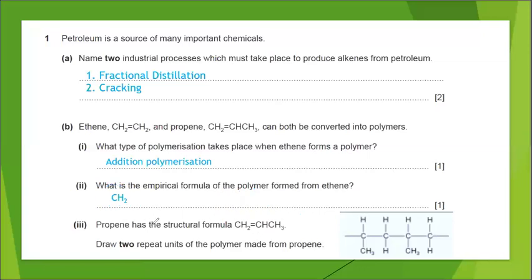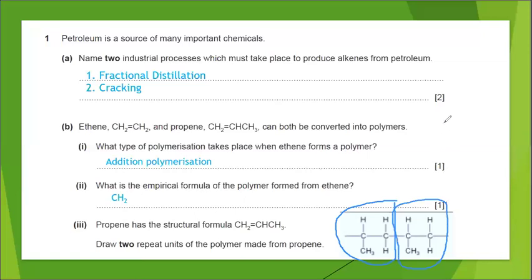The next one, propene has the structural formula CH2=CHCH3. Draw two repeating units of the polymer made from propene. Now, if you look at this structure closely, you'd see that this is one repeating unit and this is another repeating unit.